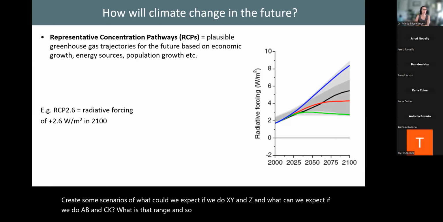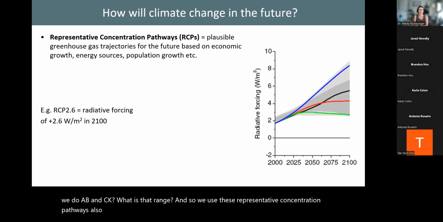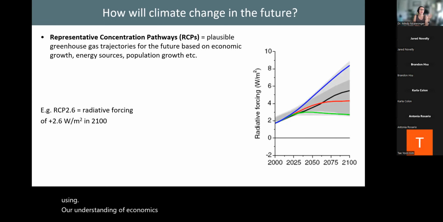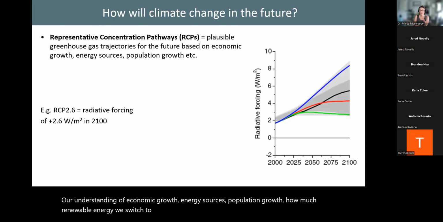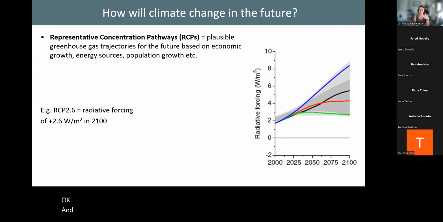And so we use these representative concentration pathways, also abbreviated as RCPs, and these are plausible greenhouse gas trajectories using our understanding of economic growth, energy sources, population growth, how much renewable energy we switch to, etc. Okay? And we have basically 4 major RCPs.